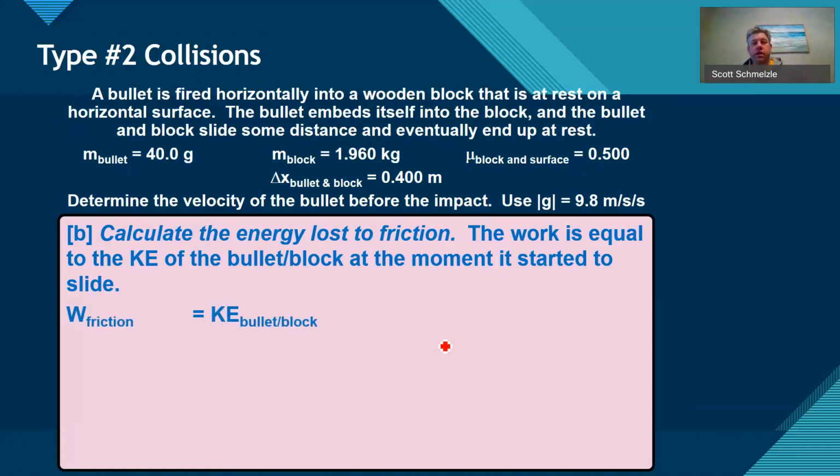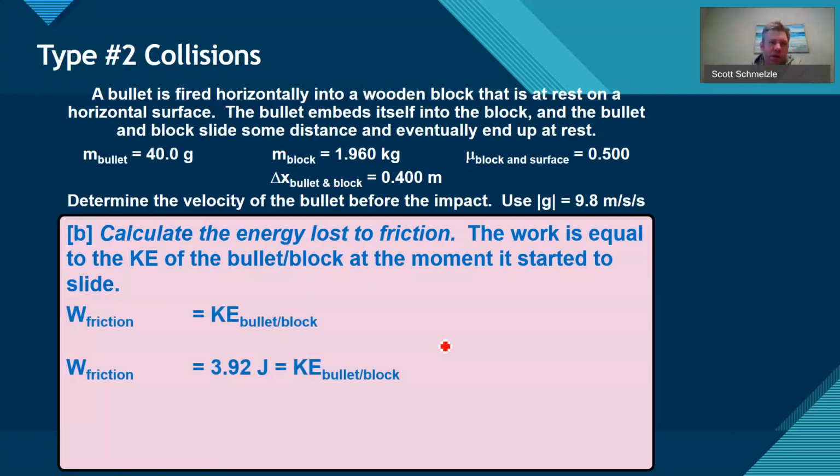So our work here is the kinetic energy of the bullet and the block, right? So what we see is that once we know the work, we know the kinetic energy, right? That's the change in kinetic energy. It had to have 3.92 joules of energy in order to be able to move that distance. Remember, in order to do work, you have to have energy.